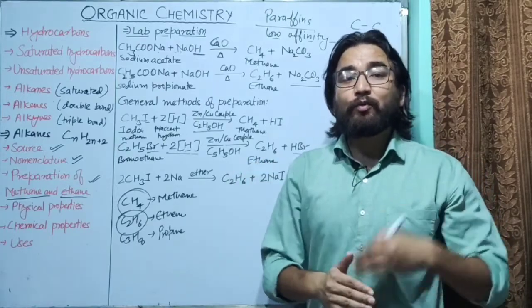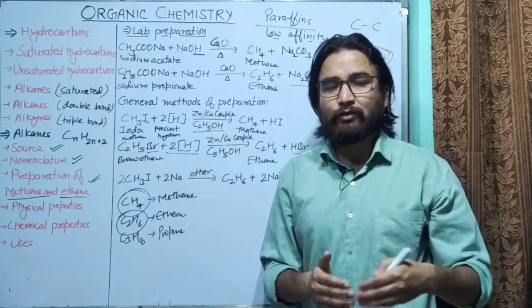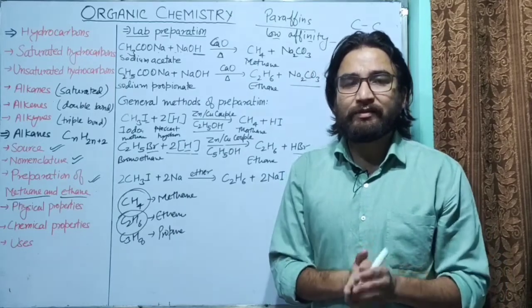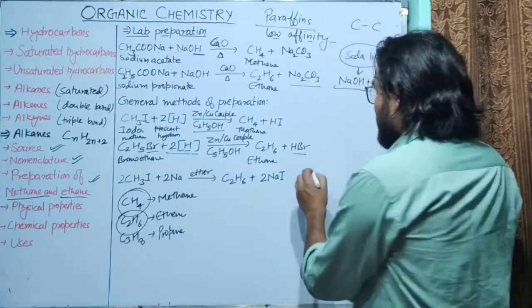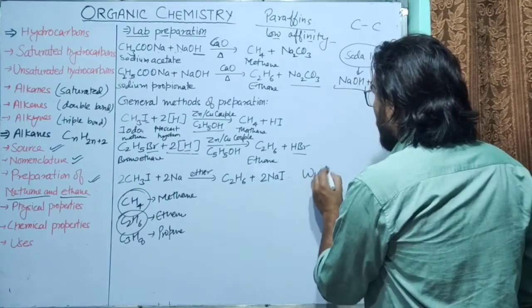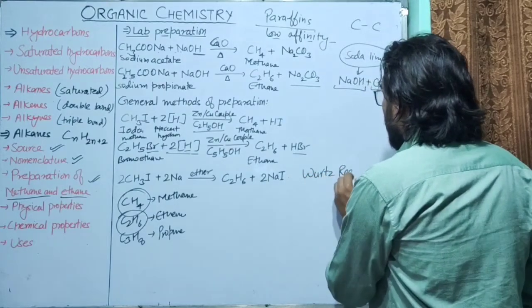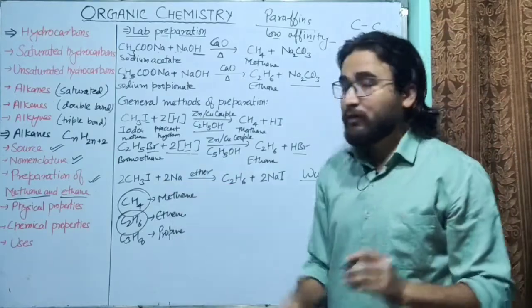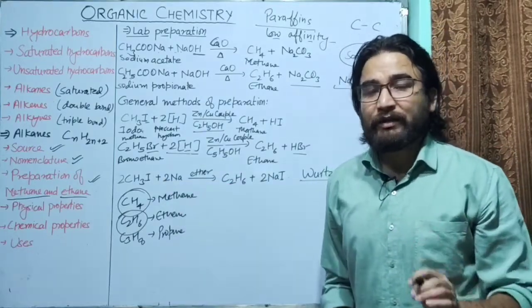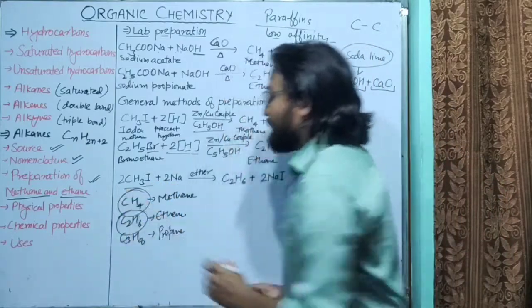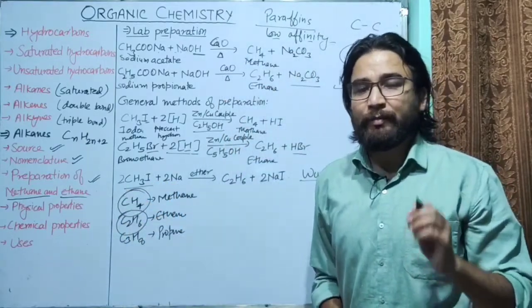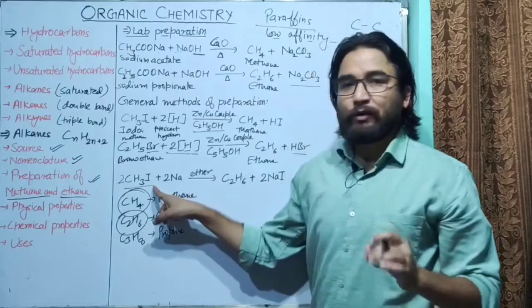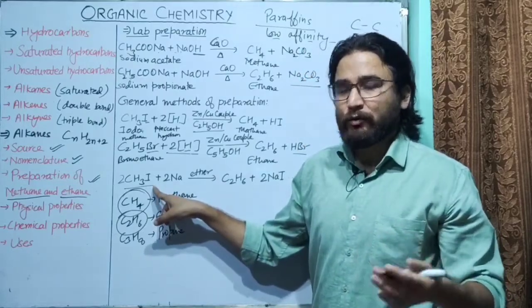There is one more way of preparation of ethane. Actually there are so many ways, but we will be discussing only important ones. This reaction is called Wood's reaction. So what happens in Wood's reaction? In Wood's reaction, iodomethane is treated with sodium metal. Instead of iodomethane, you can also use bromomethane or chloromethane.